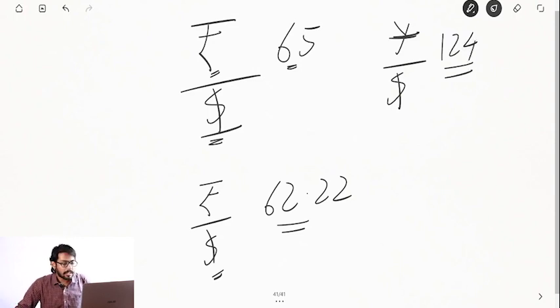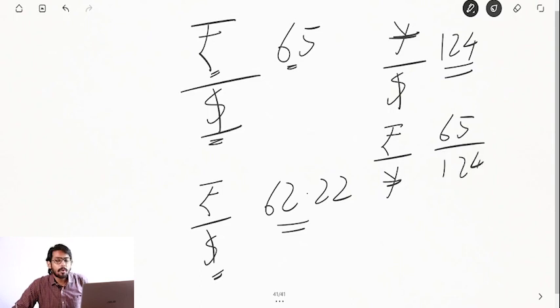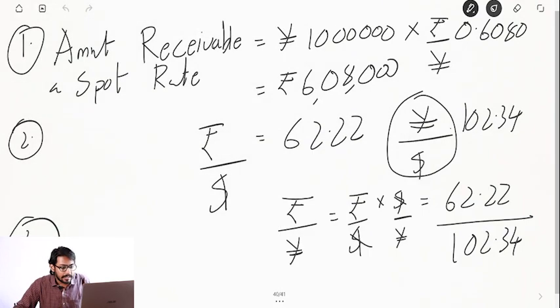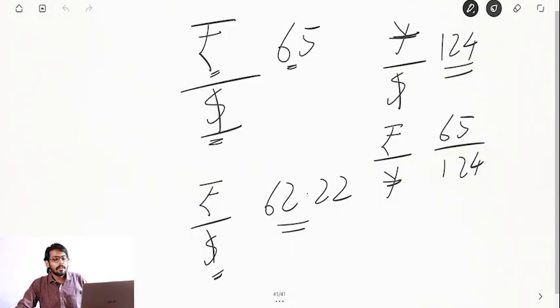Accordingly you can take the cross rate, same as before. Rupee by yen will be equal to 65 by 124. That whole drama I am not going to say, and you also don't have to do it. If you know that it is 62.22 divided by 102.34, here also it will be accordingly 65 by 124. Even if there was bid rate ask rate adjustment, it would have been the same.